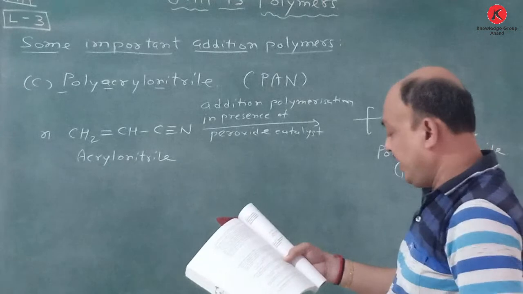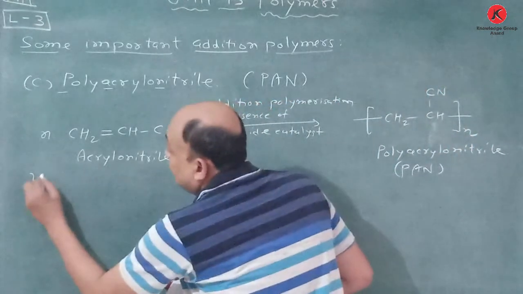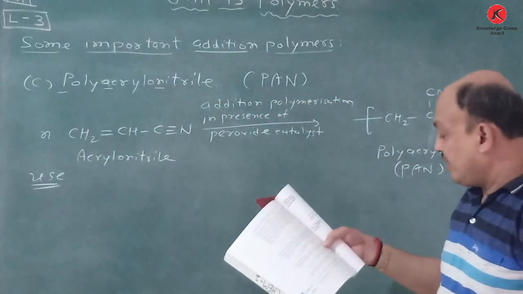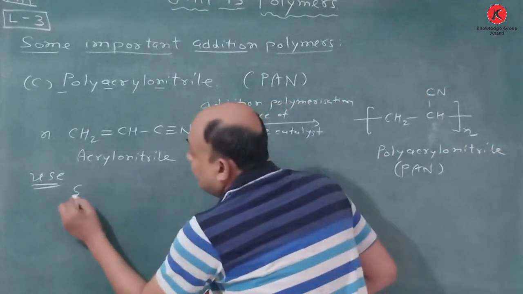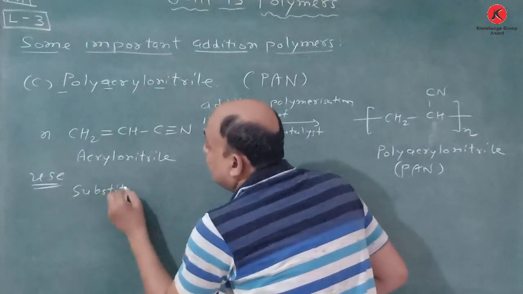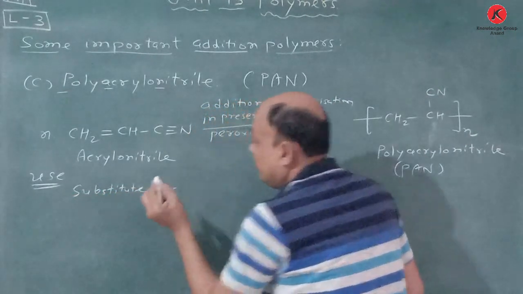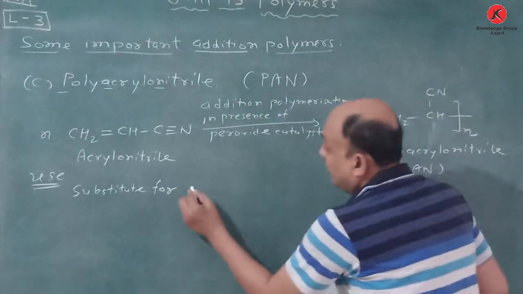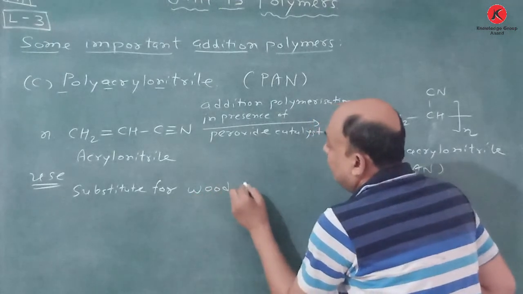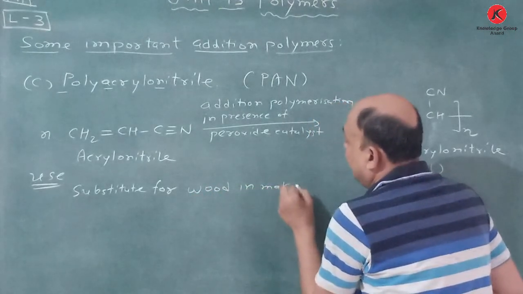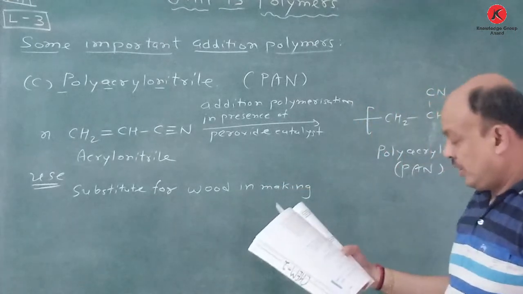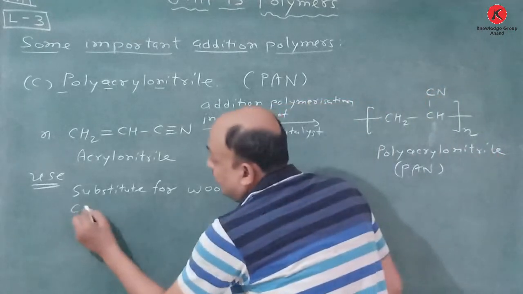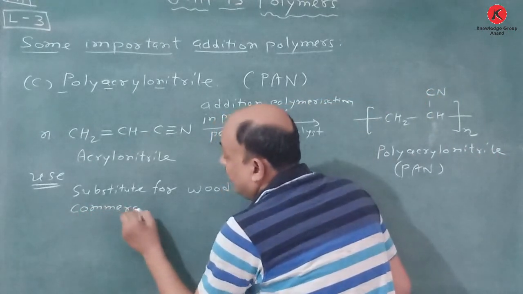Polyacrylonitrile is used as a substitute for wool in making commercial fibers. Yes, it's very important.